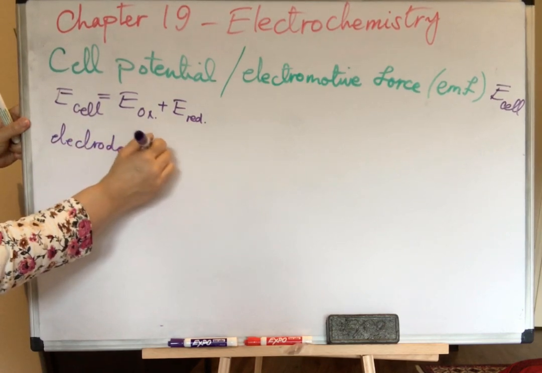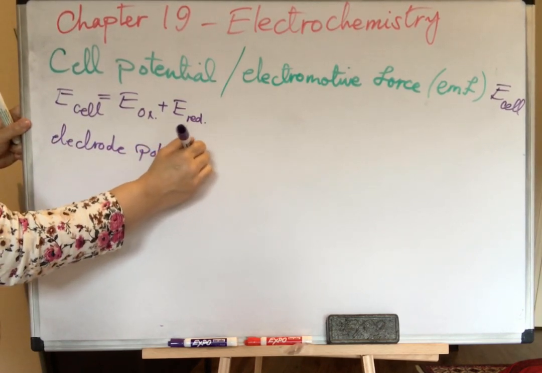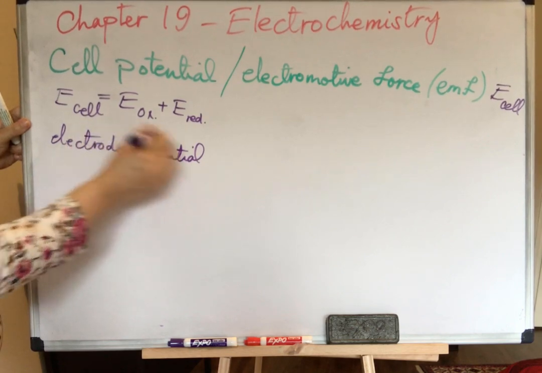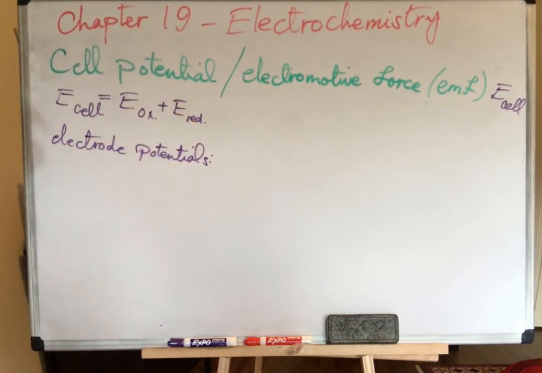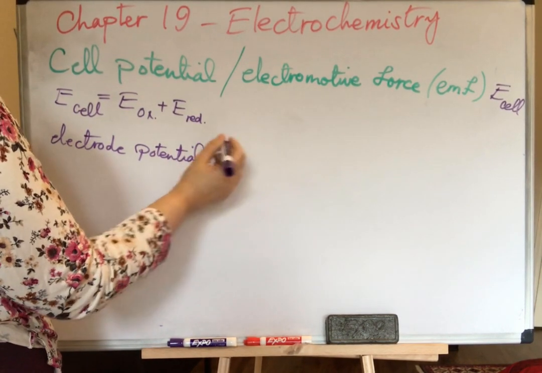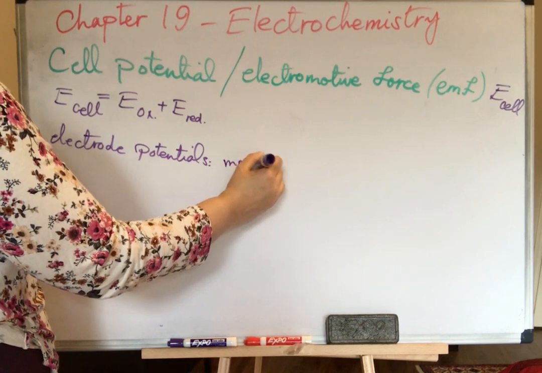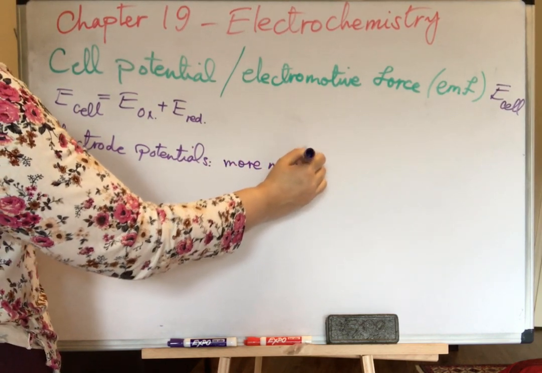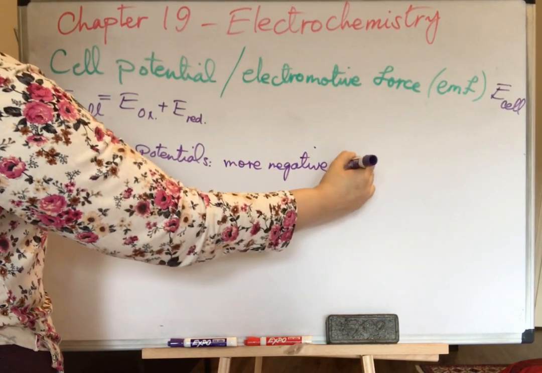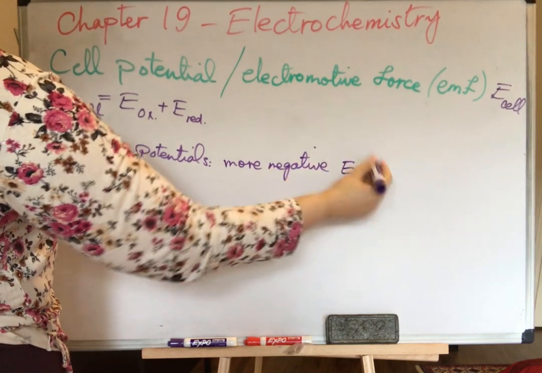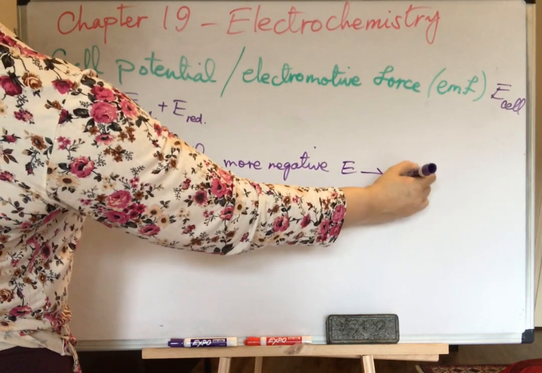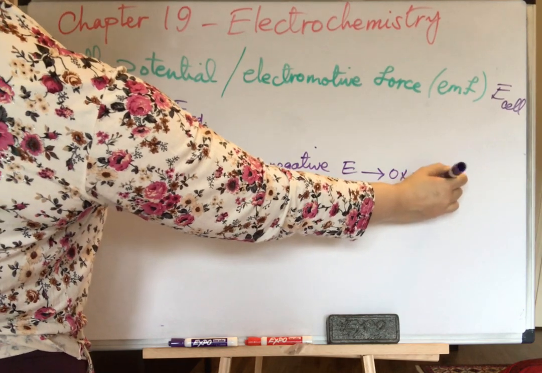Electrode potentials. According to this table, more negative potentials mean you have oxidation.